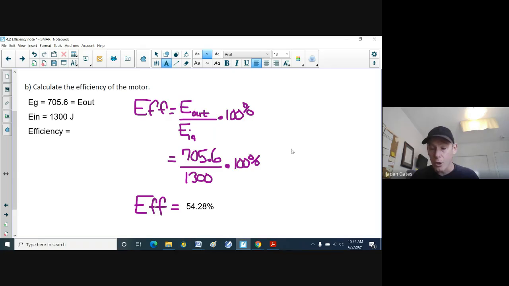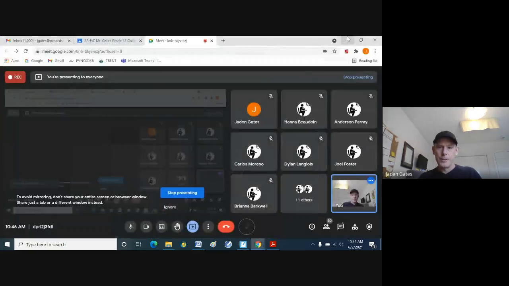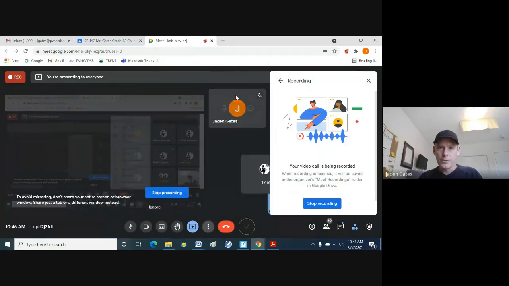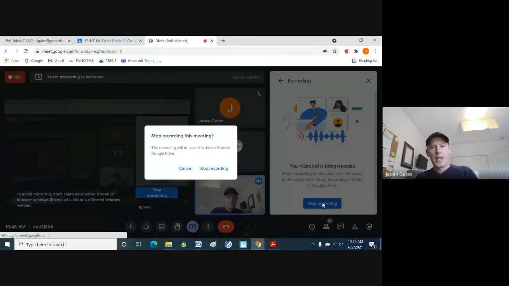Probably heat with a motor, always heat, vibrations, the movement of the motor, just slight vibrations, and sound, motors all make sound. So there's a lot of wasted energy there. But again, the efficiency of this motor is 54.28%.